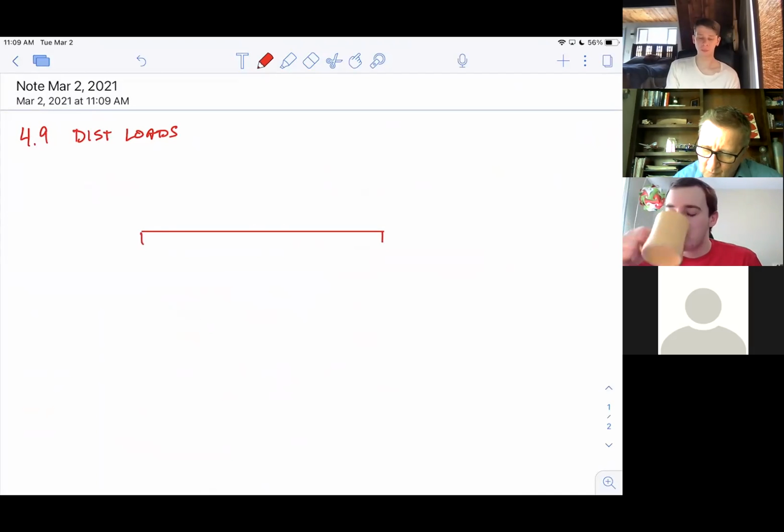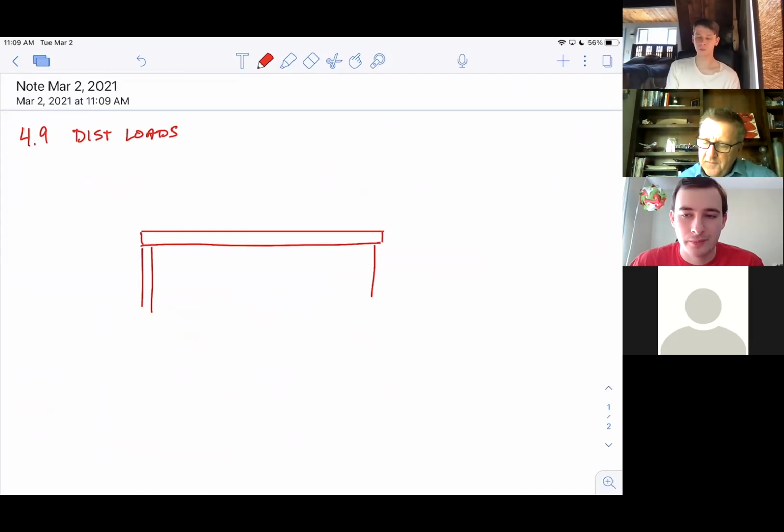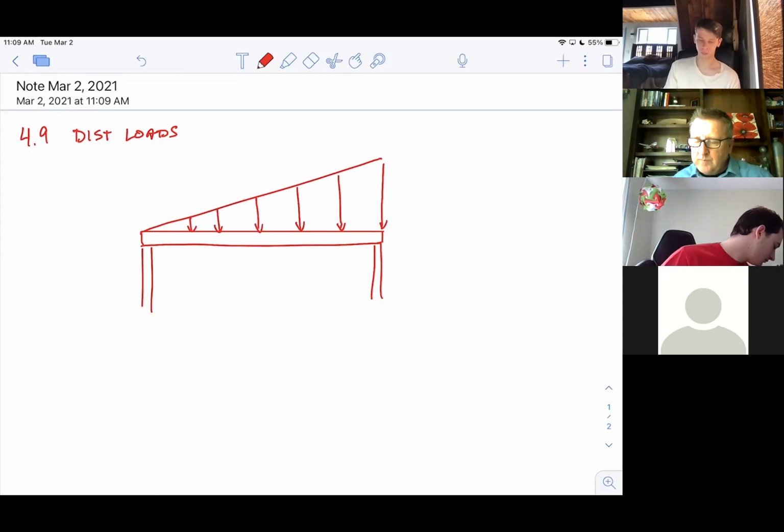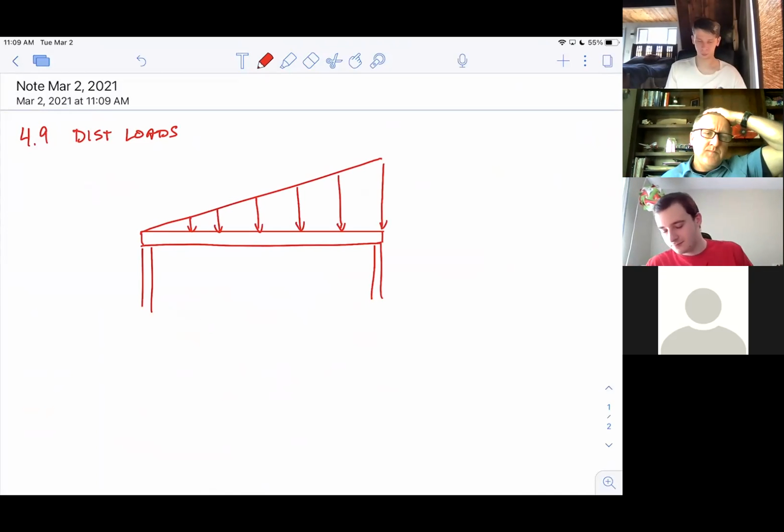So here's a beam being supported on a couple of posts, except we're going to give this a different type of load. We're going to give this a triangular load. So what if it's not even all the way across?